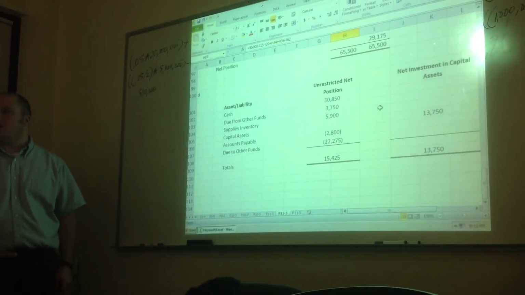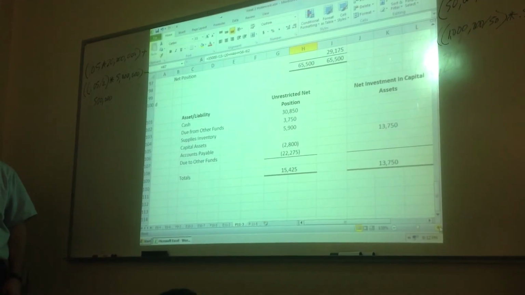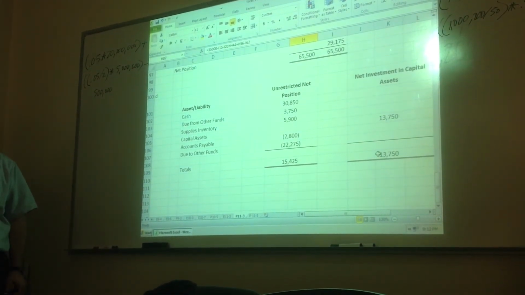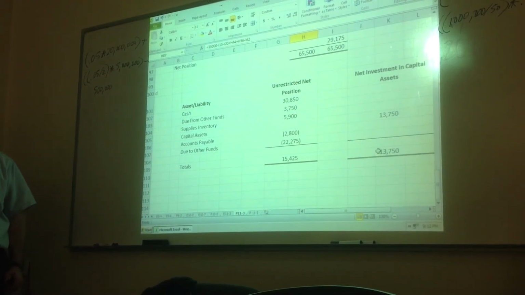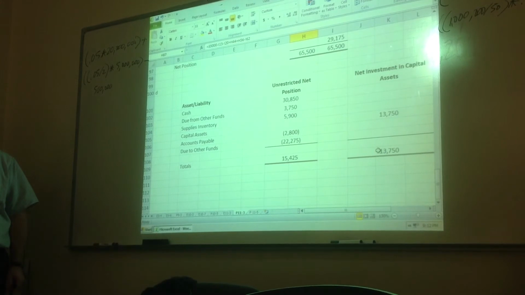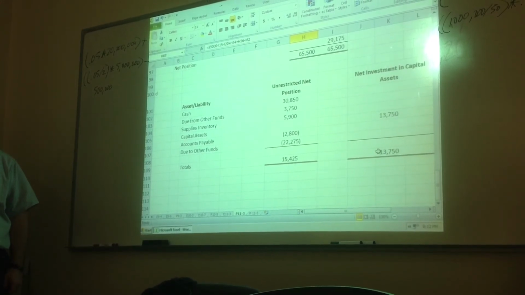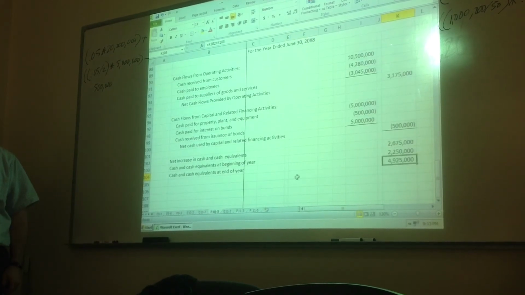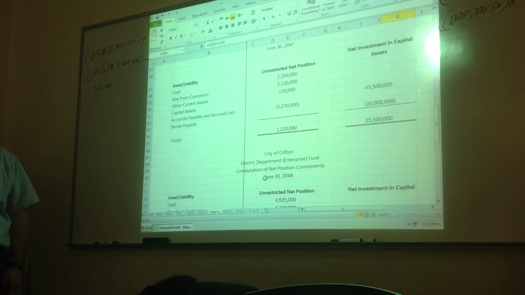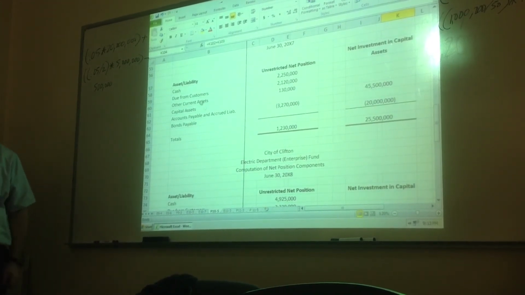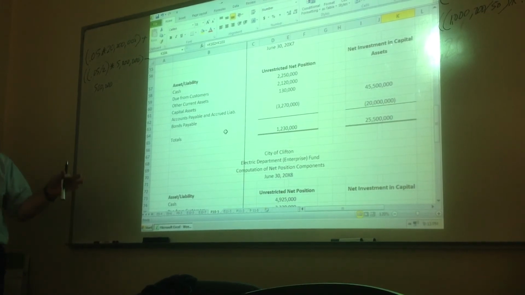Then letter D asks you to give a breakdown as well of net position. So you're going to have another table of net position. It's like the section with that table; once you do this table, you have the table, copy it over.